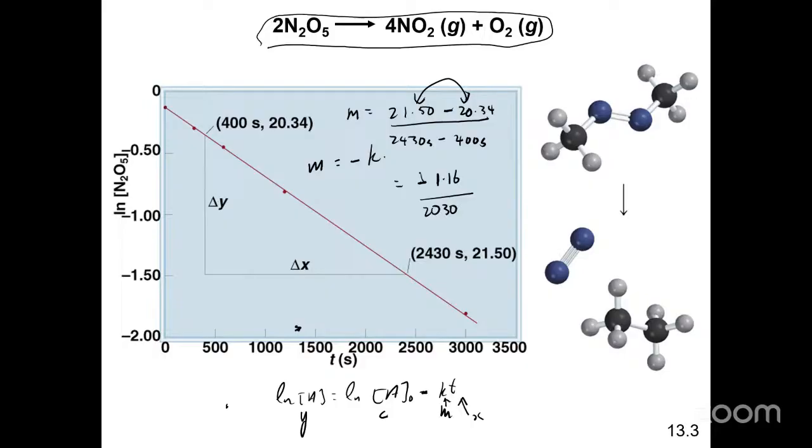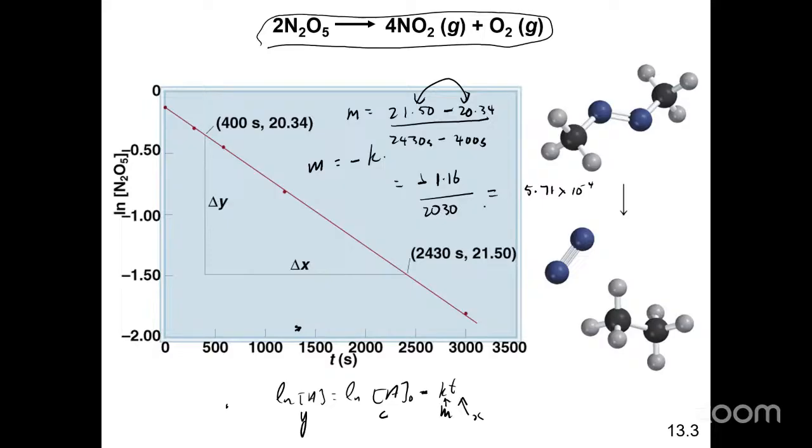So 1.16 divided by 2030, and according to my calculation, this gives minus 5.71 times 10 to the minus 4.